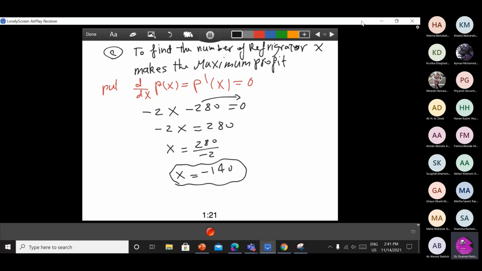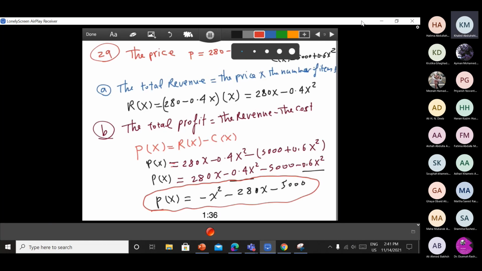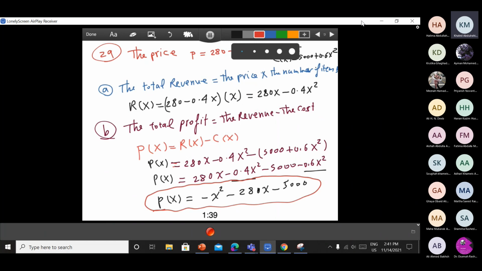How to check it? Is it maximized or not? This is the number of refrigerators. Do you think the number of refrigerators will be minus? Guys? Doctor, I think it's positive. Yeah. So we have done a mistake here.